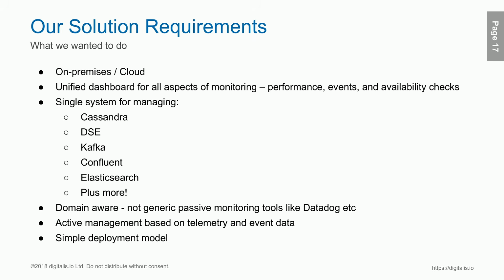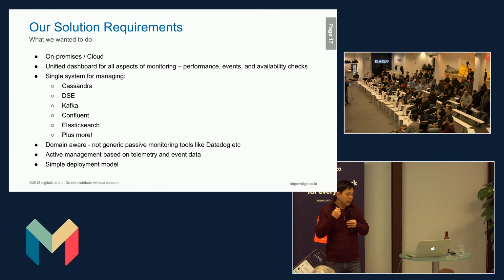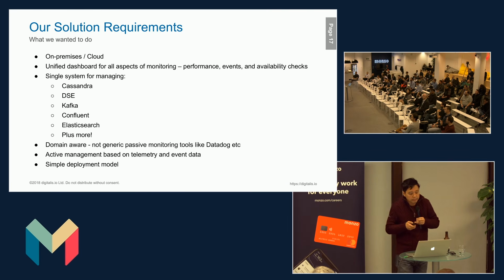So you have 4 tabs for each environment, right? We wanted a single system that managed our Cassandra, DSE, Kafka, Confluent, and all the products that we manage, rather than a plethora of monitoring tools to manage them.